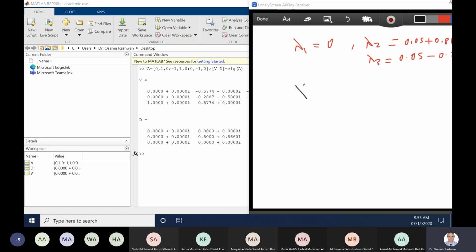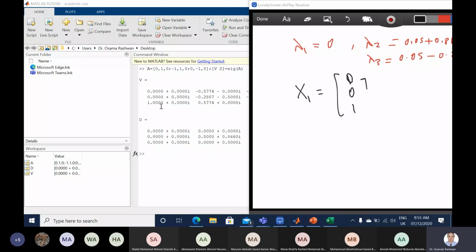The eigenvectors, x1, yes, this is the first column here, right? All of these ones are zeros except this one is 1. So you have 0, 0, 1. What's your x2? Your x2 is the second column here.